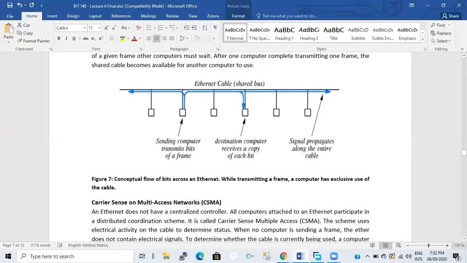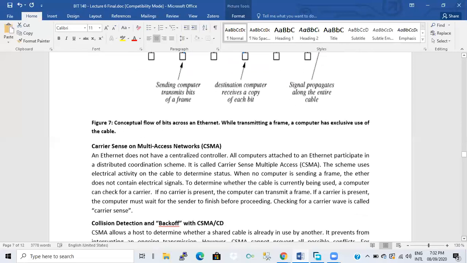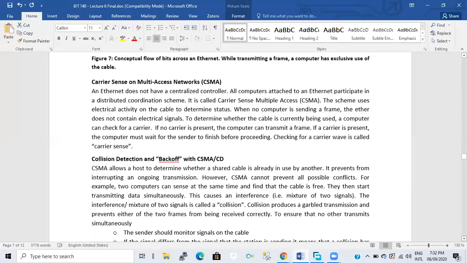Every computer can communicate at any given time. All computers attached to an Ethernet participate in a distributed coordination scheme, and this scheme is called carrier sense multiple access. The scheme uses electrical activity on the cable to determine a status. When no computer is sending a frame, the ether does not contain electrical signals.